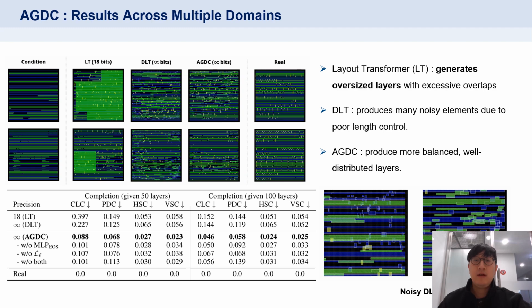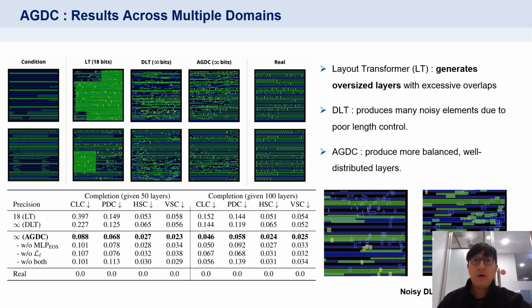Layout Transformer is a conventional transformer-based autoregressive generation architecture that implements discretization, and DLT is a diffusion layout transformer which implements a diffusion network to avoid the discretization but generates the whole layout in one step, in diffusion generation.